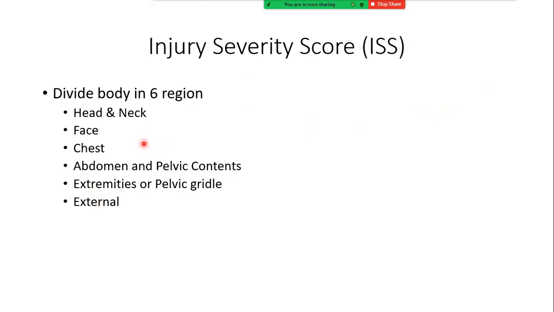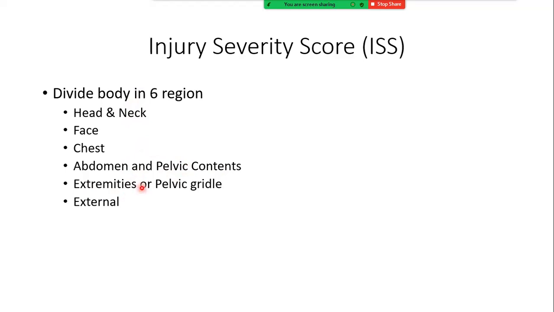Just for an example, he has an EDH, a liver laceration, and a fibula fracture. So he has injury in different body regions. From these body regions, you will take the maximum score. Suppose for EDH, the score is 4. For liver laceration grade 2, the score is 3.